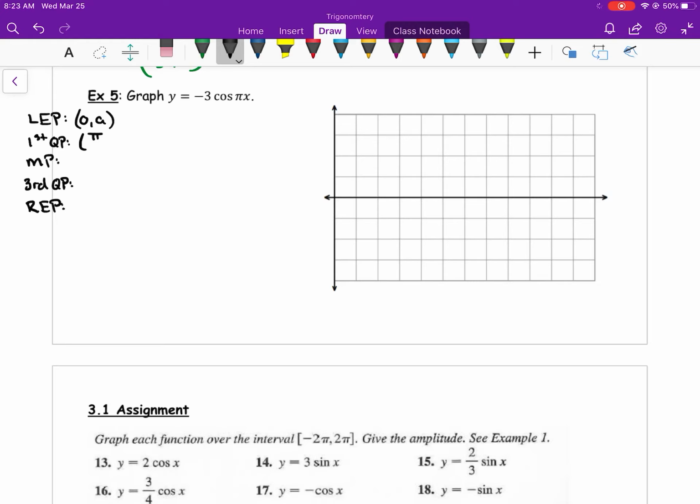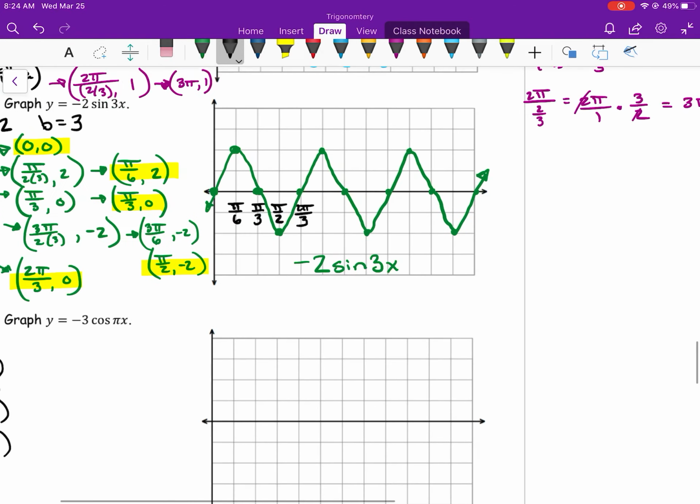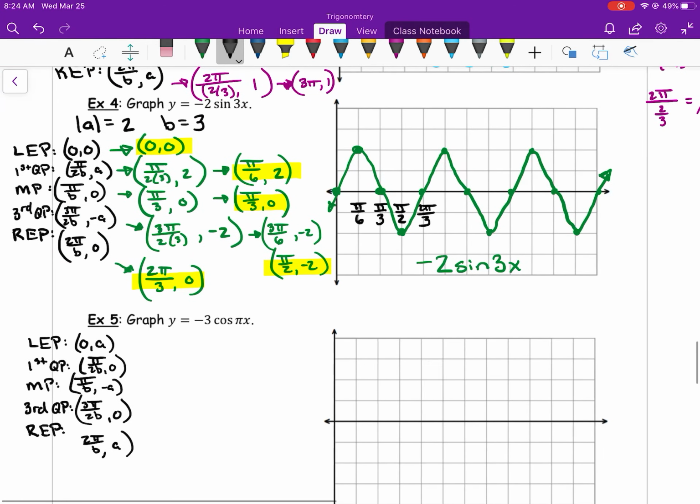So you have 0, A, and then it'll be pi over 2b, 0. Then it'll be pi over b, negative A. And then 3 pi over 2b, 0. And my right endpoint will be 2 pi over b, A.